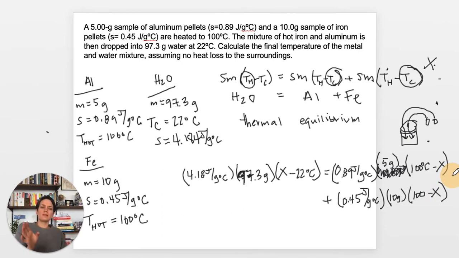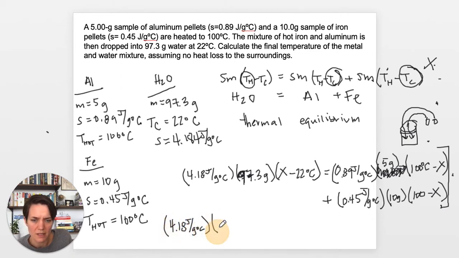So we can simplify this problem a little bit by recognizing that on this side of our equal sign, we have a common factor of 100 degrees Celsius minus X. So we can take that out of the two individual parts of this equation and combine it. So our combined equation would look like 4.184 joules per gram degree Celsius, right? And this is just basic arithmetic.